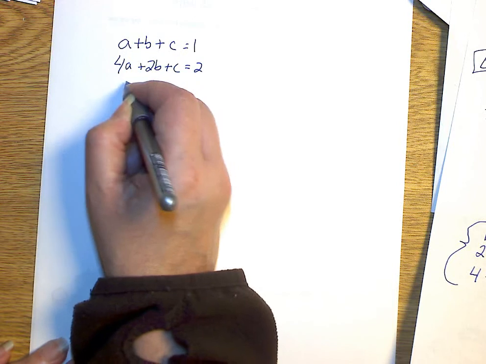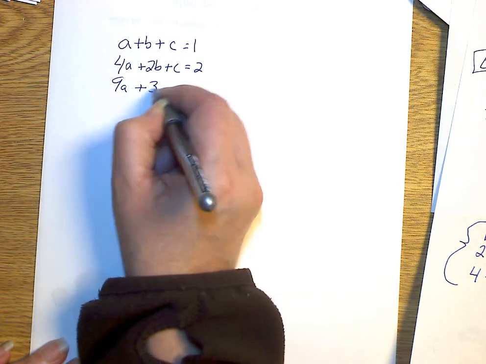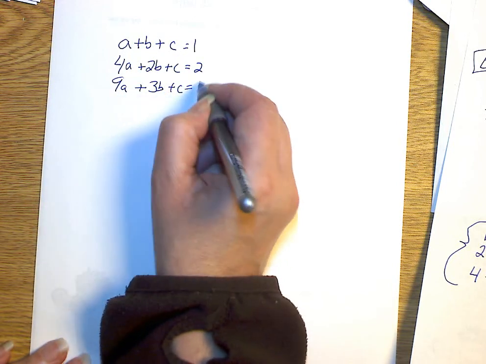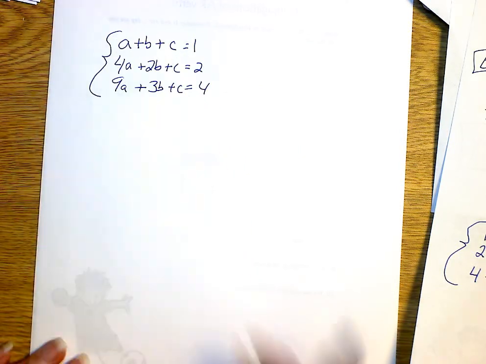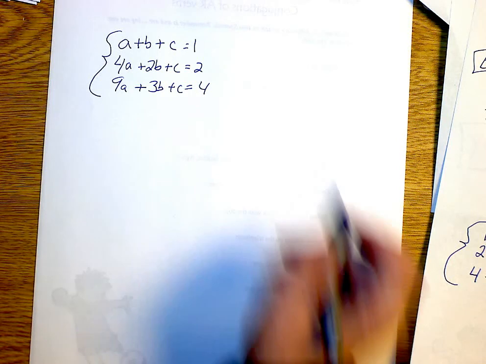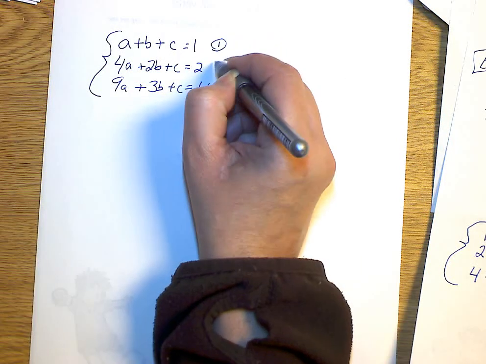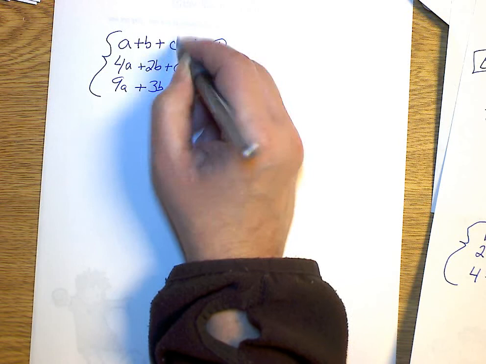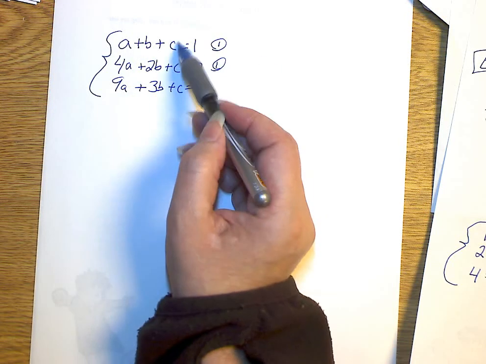And 9A plus 3B plus C was equal to 4. So what you have to do is literally take two of them and get rid of a variable. So I'm going to take these two and get rid of C.